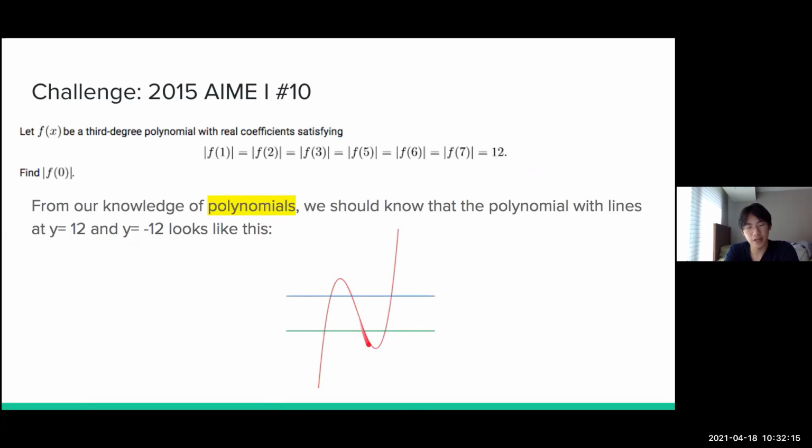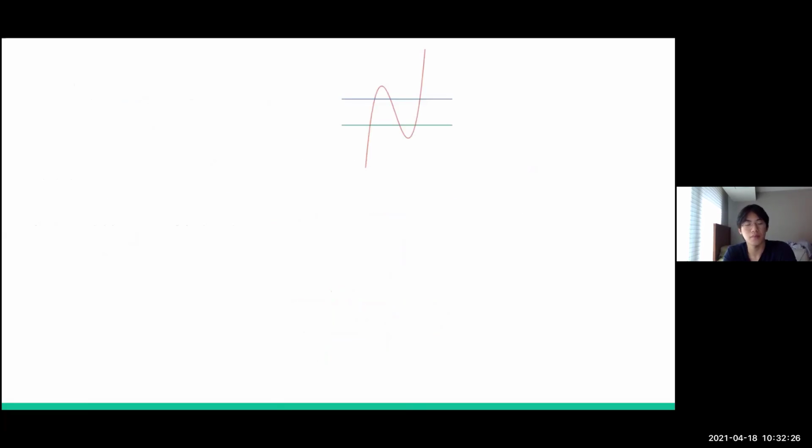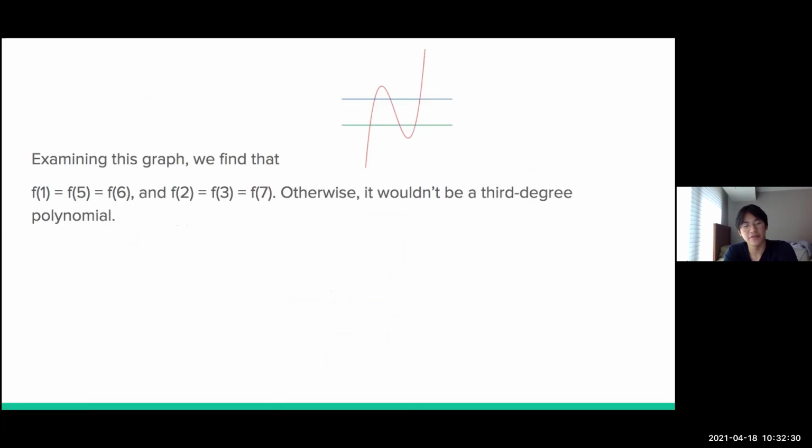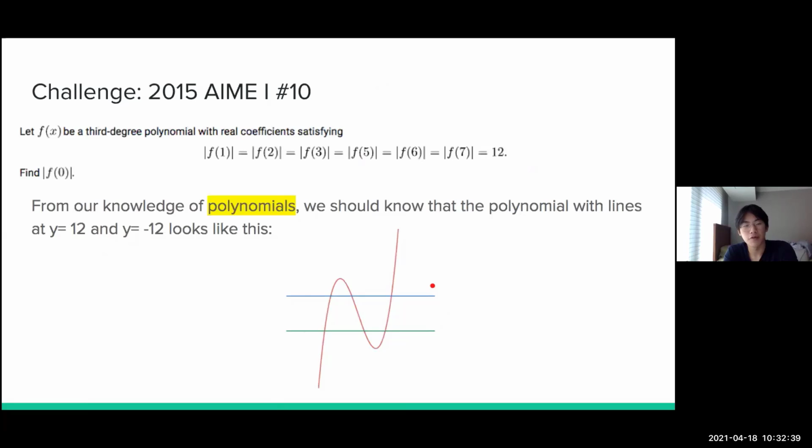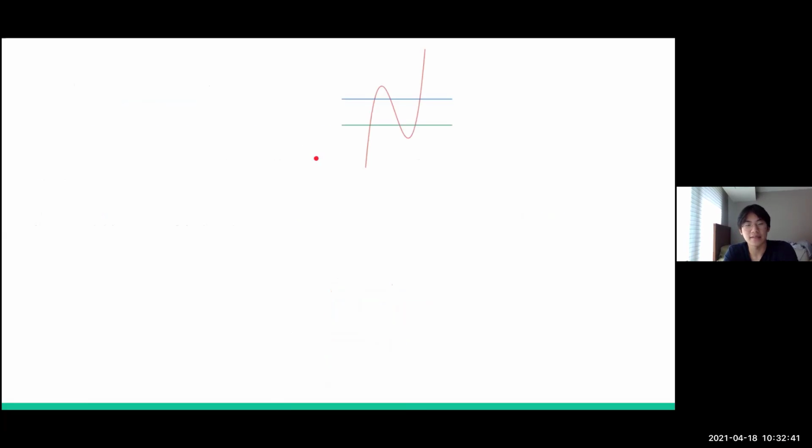This is the shape of a third degree polynomial. This is y equals 12, and this is y equals negative 12. So it should look, in general, something like this. So examining this graph, we find that f of 1 equals f of 5 equals f of 6, while f of 2 equals f of 3 equals f of 7. Now, if you don't quite get how we got that, remember that the roots were 1, 2, 3, 5, 6, 7.